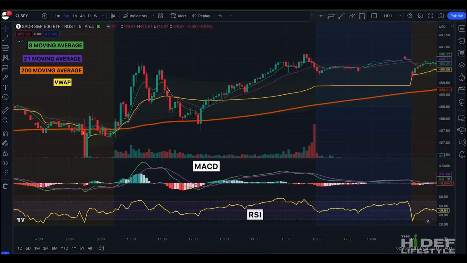You see how right here, when this 8 moving average crossed below this 21 moving average, the purple line, if we look down here, it happened here a little bit before, but down here a little bit later. And these lines started to diverge.